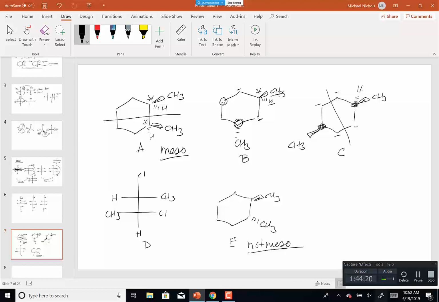Mirror plane? Mirror plane number 2? Any more mirror planes? No. No more mirror planes. If I drew a mirror plane like this, this side and this side don't match up because the methyl groups aren't across from each other. So that's not a mirror plane.